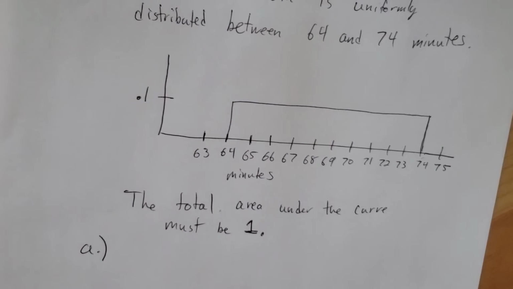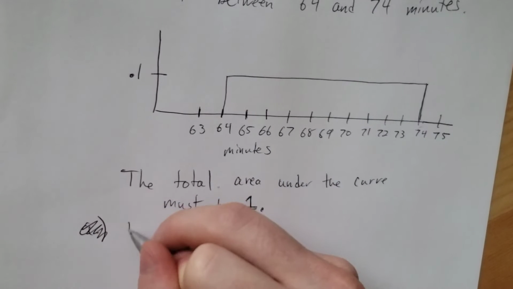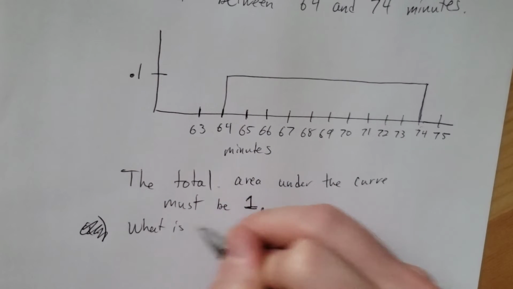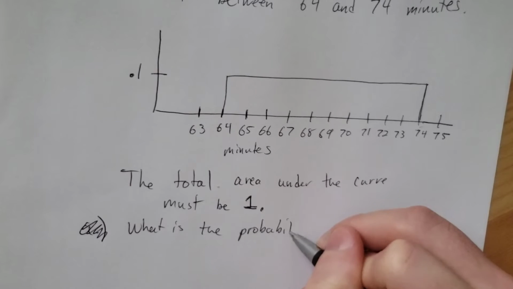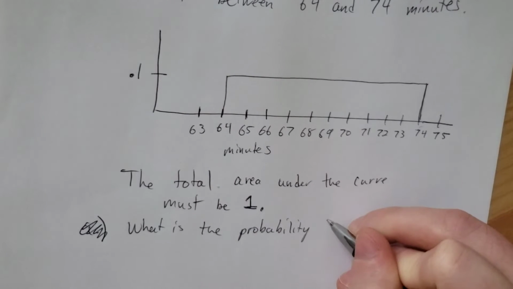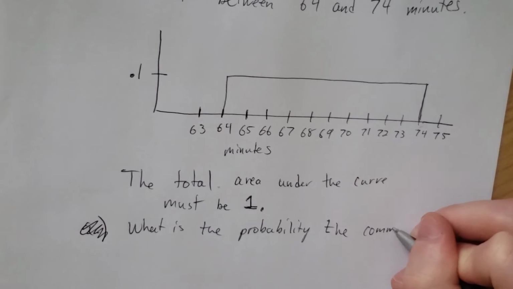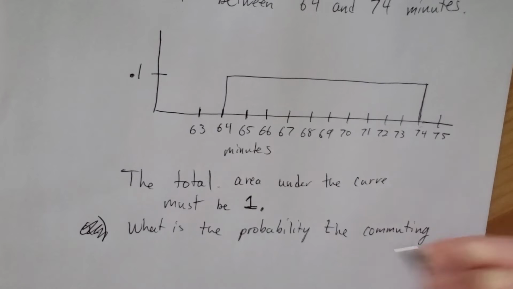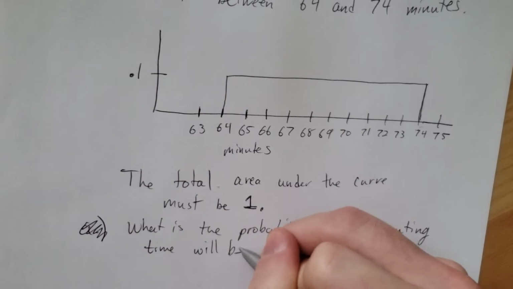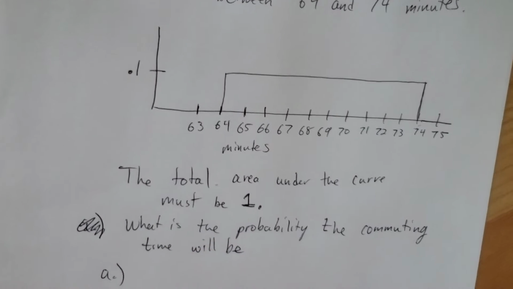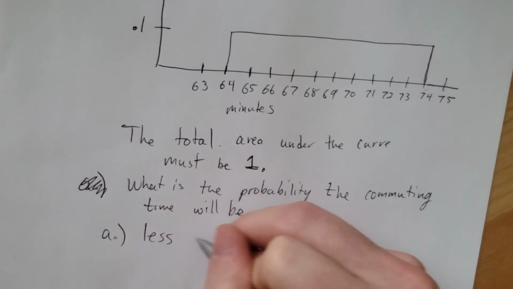So let's ask a couple questions related to this. What is the probability the commuting time will be, and part A is going to say less than 70 minutes.